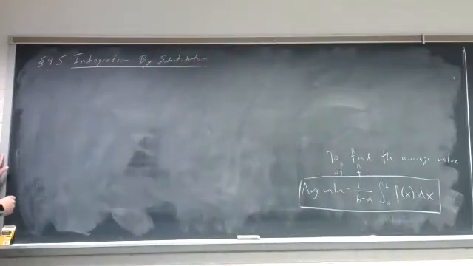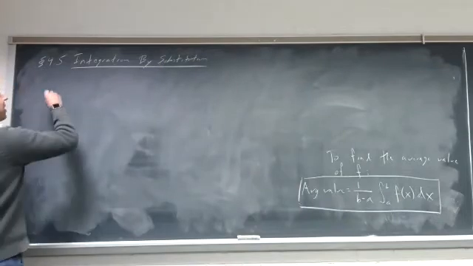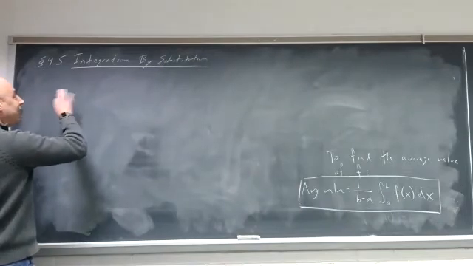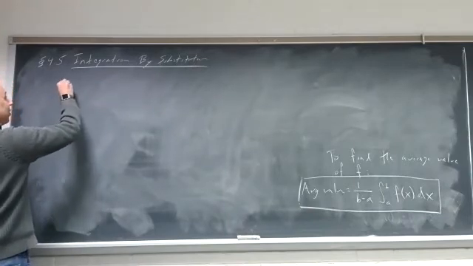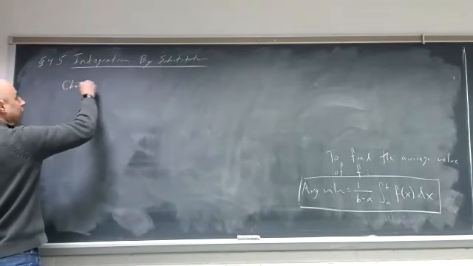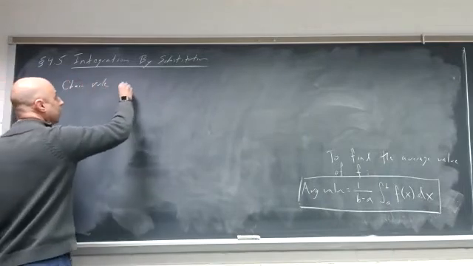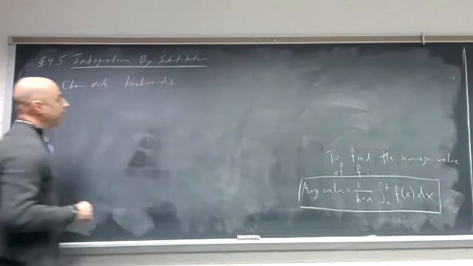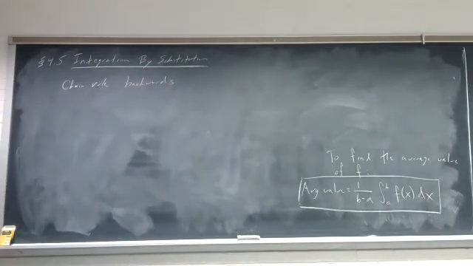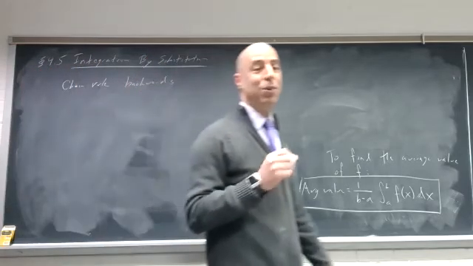Okay, so integration by substitution. Integration by substitution, antiderivative by substitution, this is basically just the chain rule backwards. And you don't need any fancy substitution in simple cases to be able to do this.